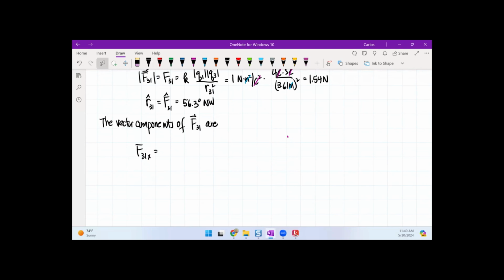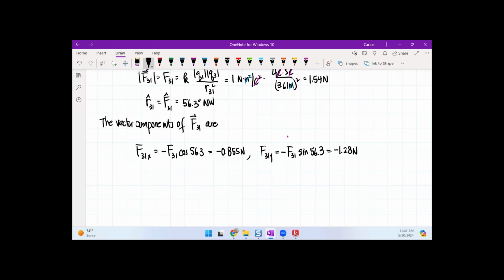Now by hand, I'm going to put in minus because that's in the third quadrant. I'm going to have F31 cosine of 56.3, and I'm going to get a value of minus 0.855 newtons. If I repeat this process for the y component, I'm going to get minus F31 sine of 56.3, which gives me minus 1.28 newtons.